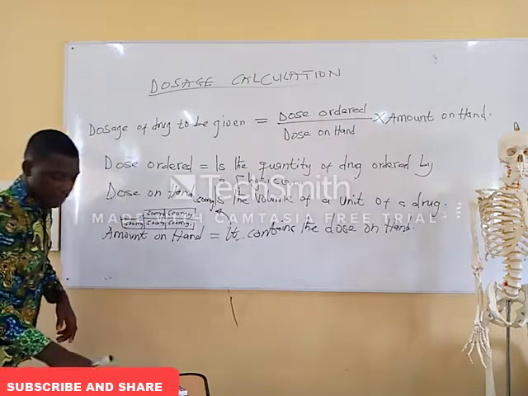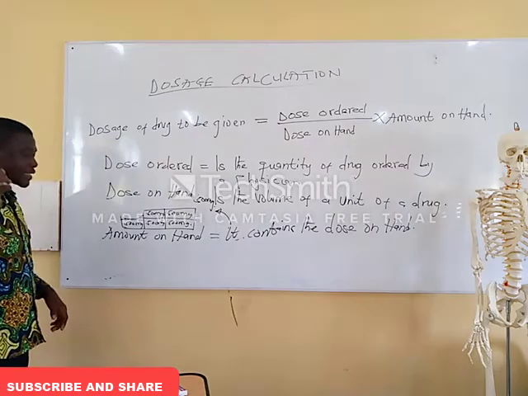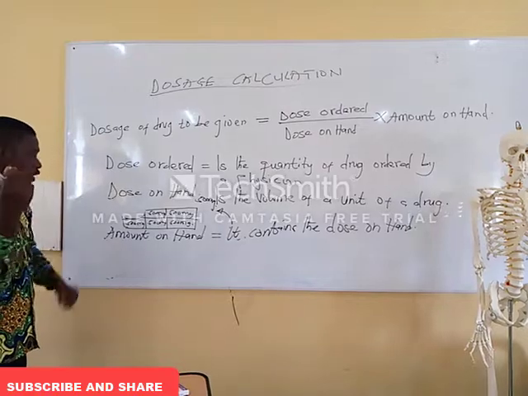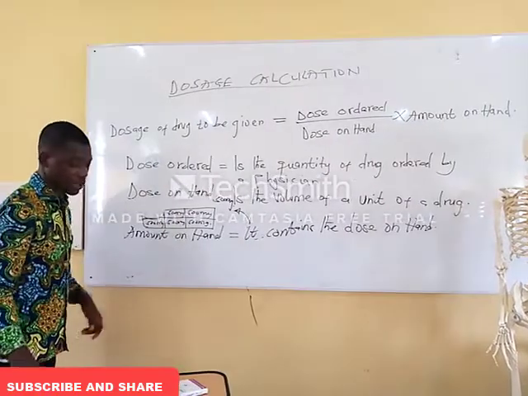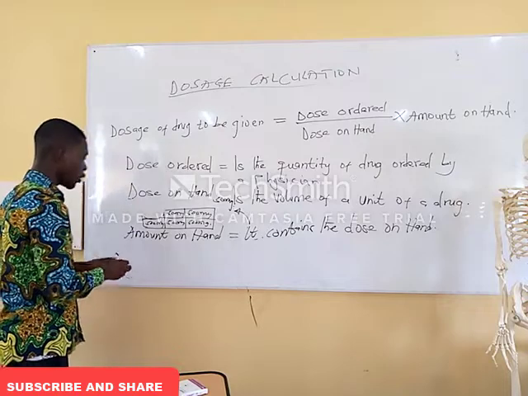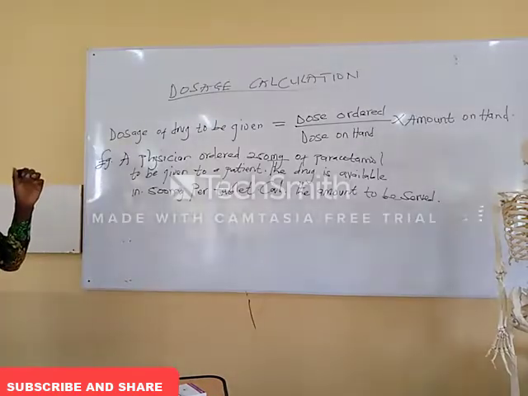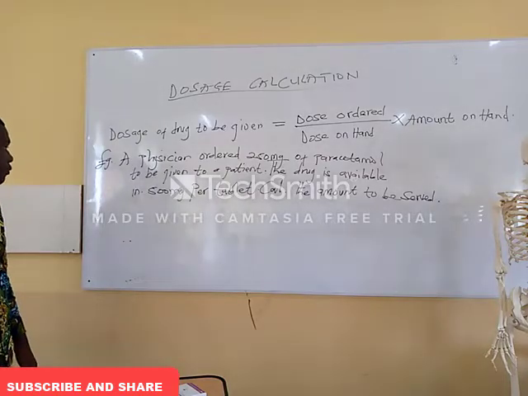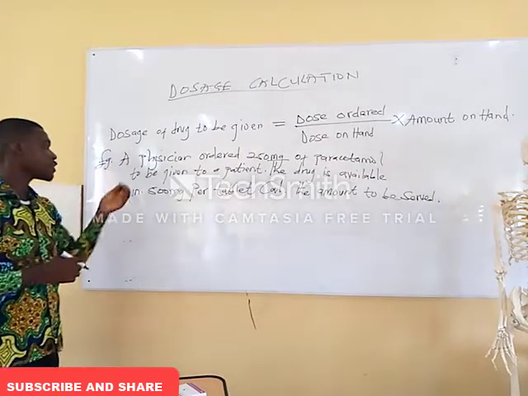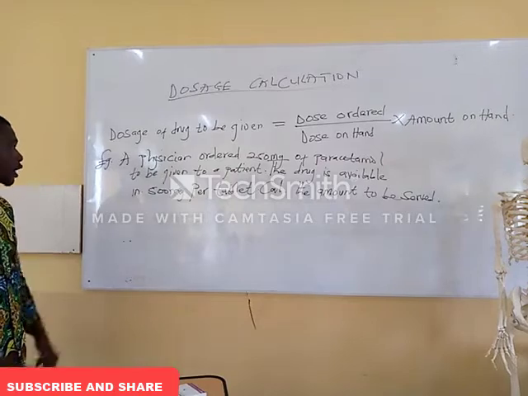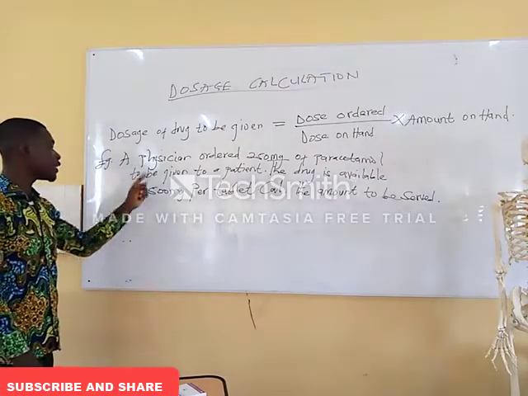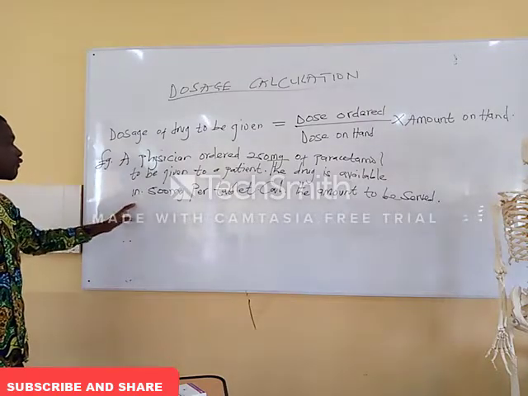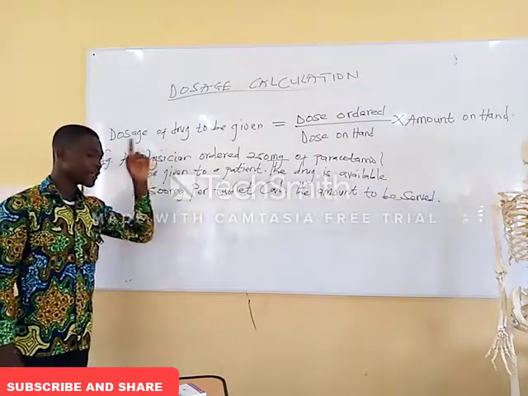If I take 1 of these, then the volume of this becomes the dose on hand. So let's try out our hand on a question. A physician ordered 250 milligrams of paracetamol to be given to a patient. The drug is available in 500 milligrams per tablet.